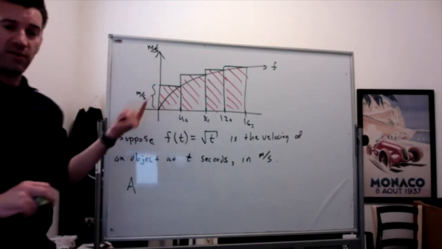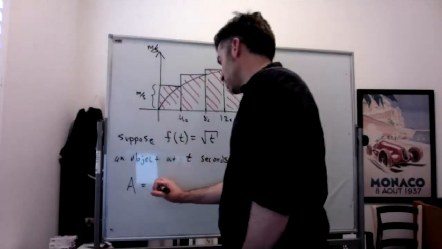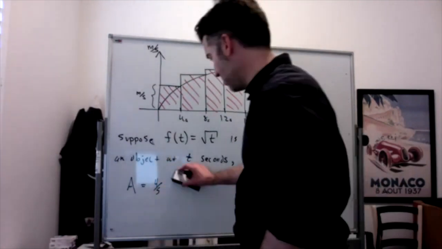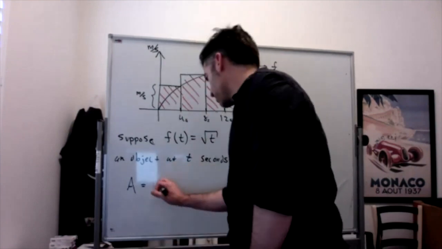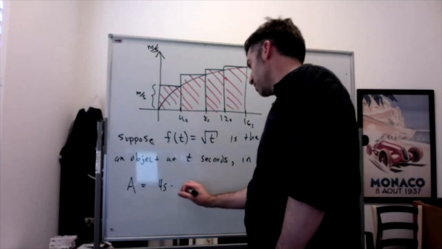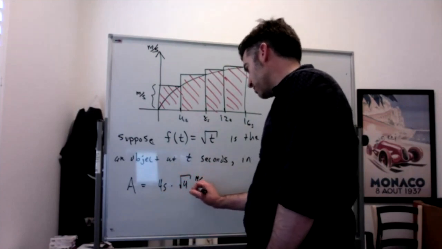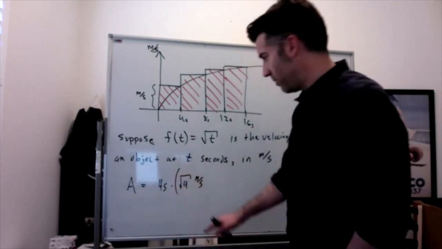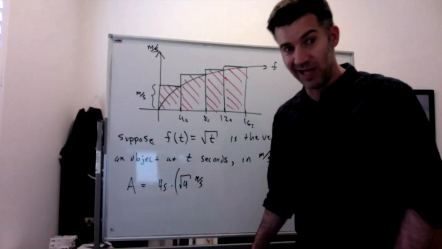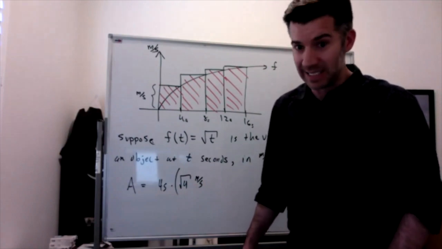So when I find the area of this first rectangle, that area is the base, which is 4 seconds, times the height, which is the square root of 4 meters per second. When I multiply 4 seconds times 2 meters per second, the seconds cancel and I get 4 times 2, which is 8 meters. I get distance.